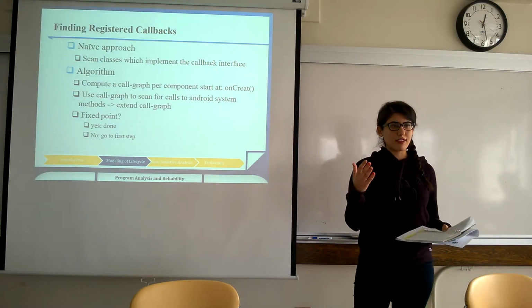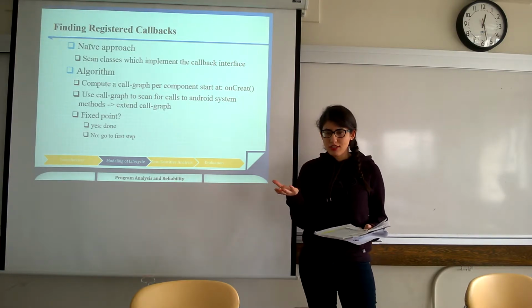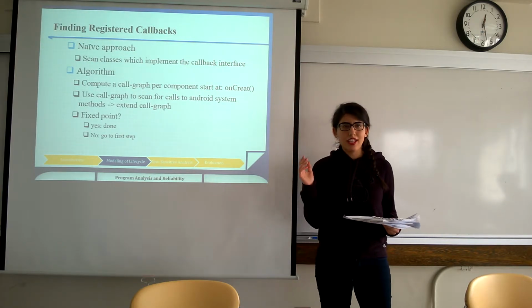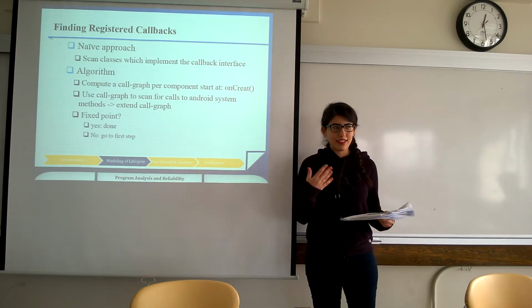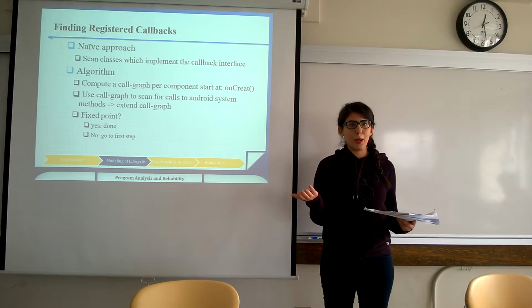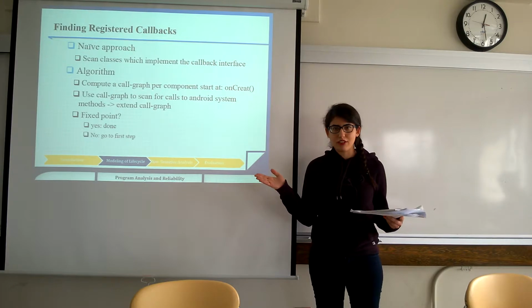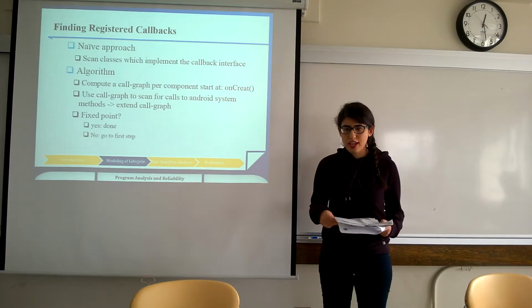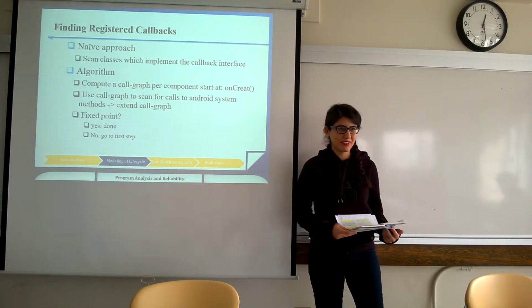For each component, they start at the overridden methods like onCreate, and then use this call graph to scan for Android syscalls, extending the call graph incrementally, step by step, and check whether they have achieved a fixed point. If yes, done. Otherwise, they recompute the call graph, and so on. They claim this approach is more precise than the naive approach. I don't know why. Do people see what the naive approach is doing?